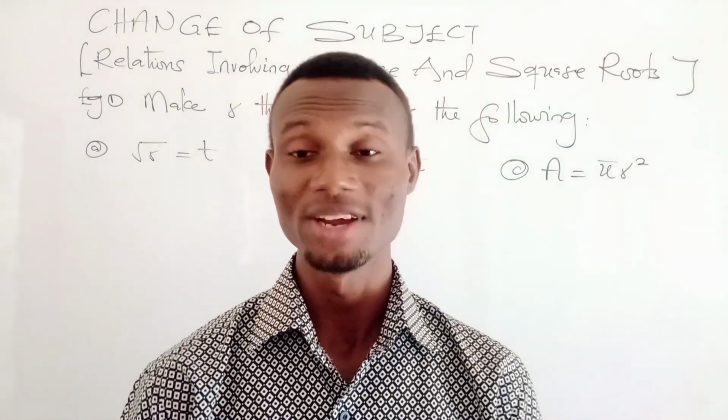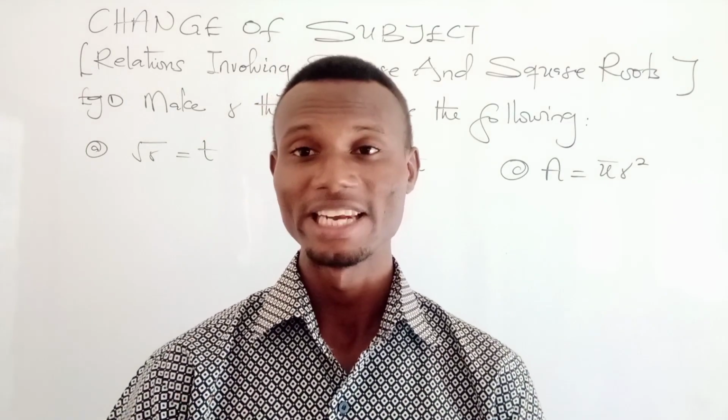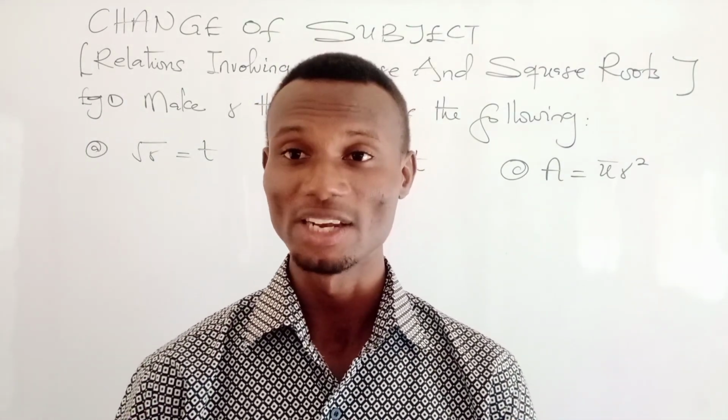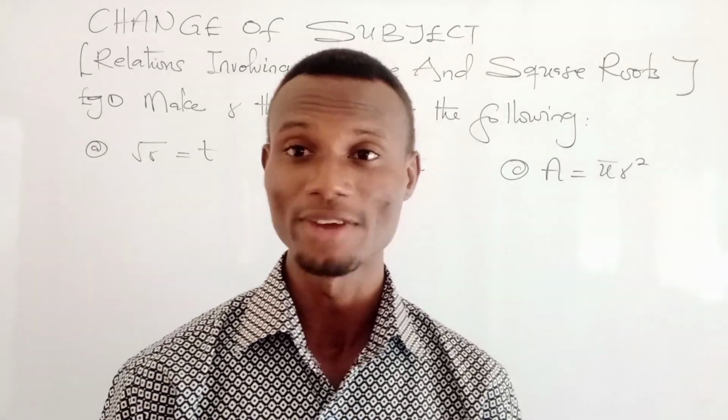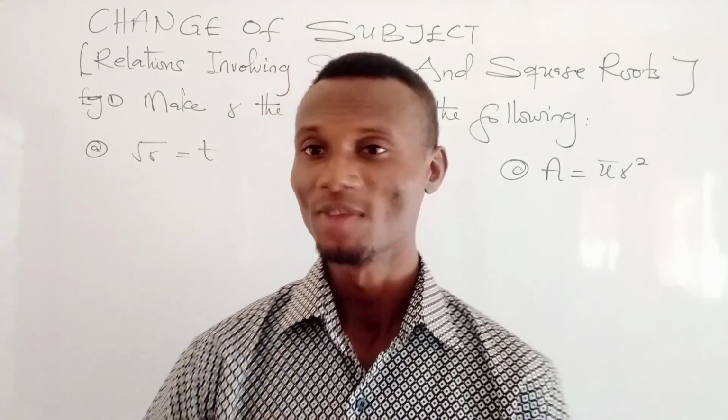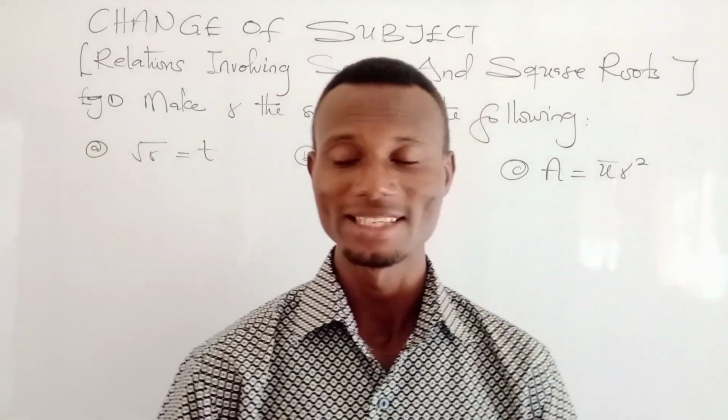And when I say some of the variables are squared, it means the variable is raised to the power 2. So that is the meaning. Let's handle example 1 that I have on the board.